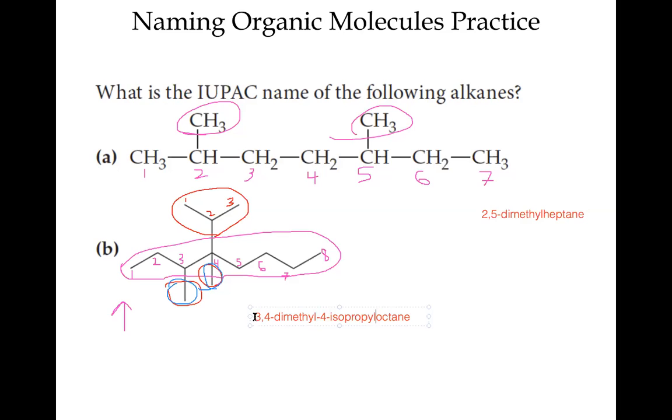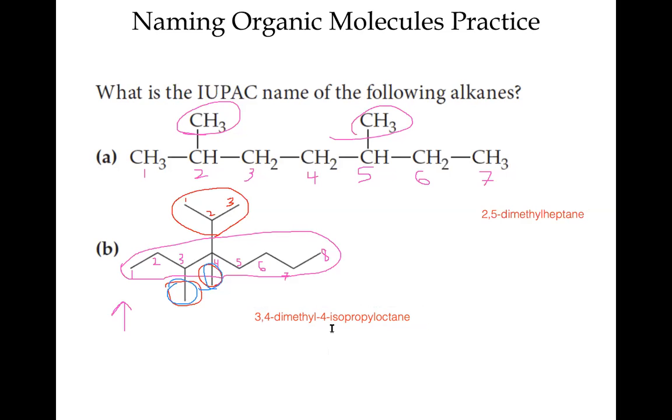Now, why do we do that? So we have 3,4 dimethyl. Let's maybe make that. Oh, I can't make it. It's got to be all one color or nothing. It's got to be 3,4 dimethyl 4 isopropyl octane because D for dimethyl comes before I, isopropyl.